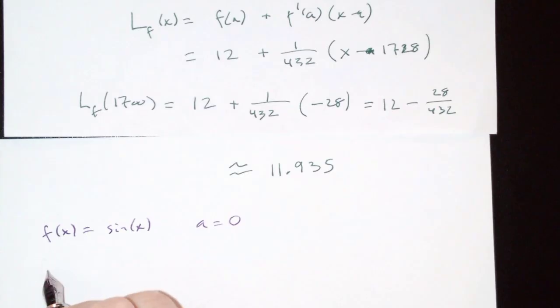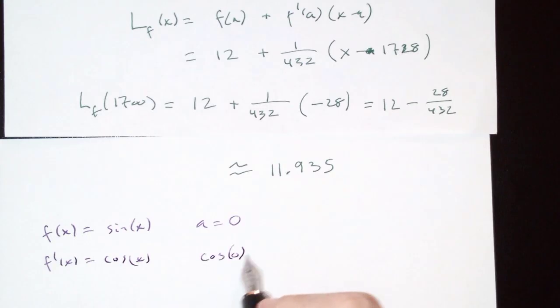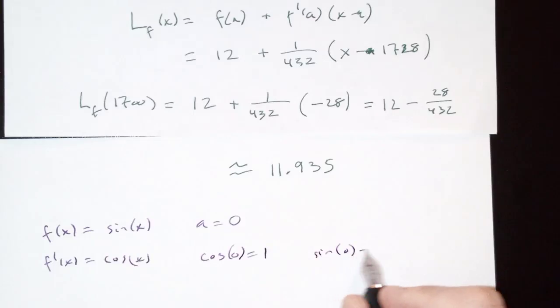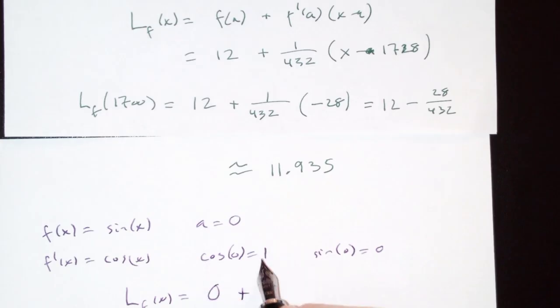Because my derivative, the derivative of sine is cosine. Cosine of 0 is 1. Sine of 0 is 0. So my linear approximation is f of a plus f prime of a times x minus a.